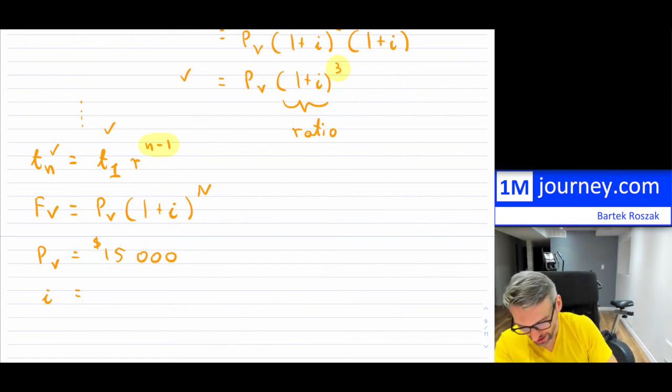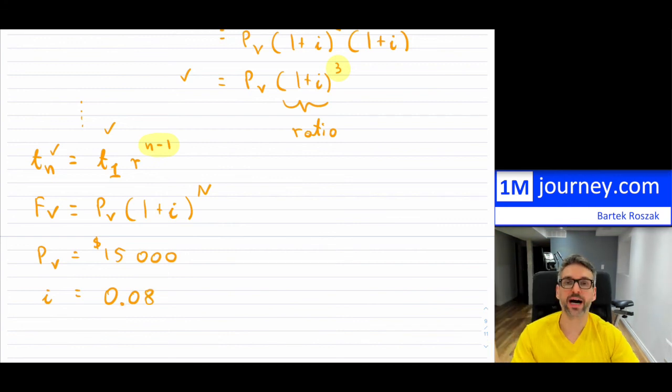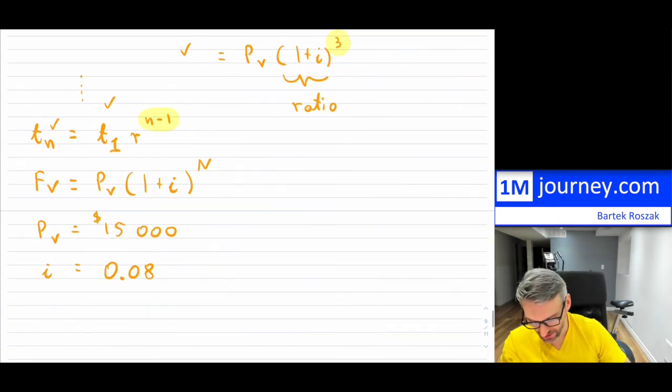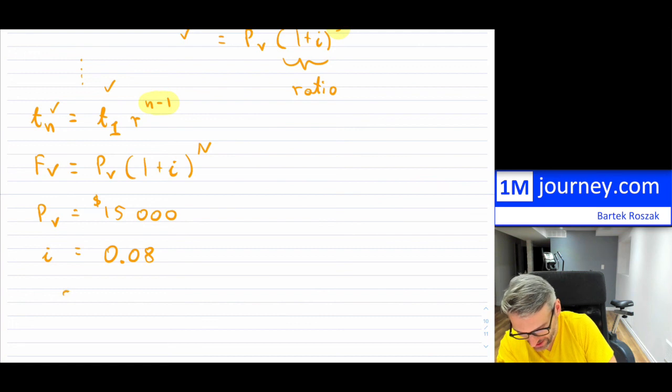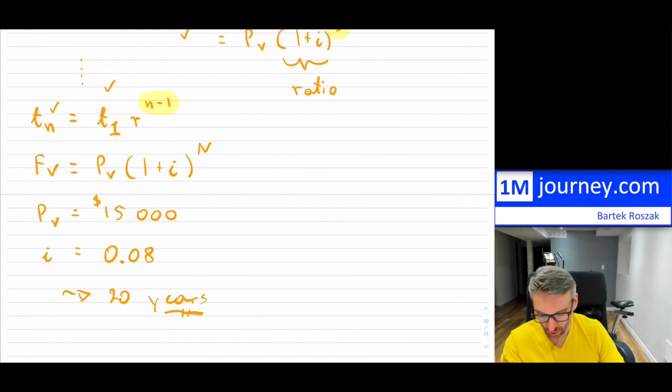So this would be 0.08 on an annual basis, or per term. In this case, if you wanted to find out, let's say, after 20 years, so 20 terms have passed by, what would the answer be?